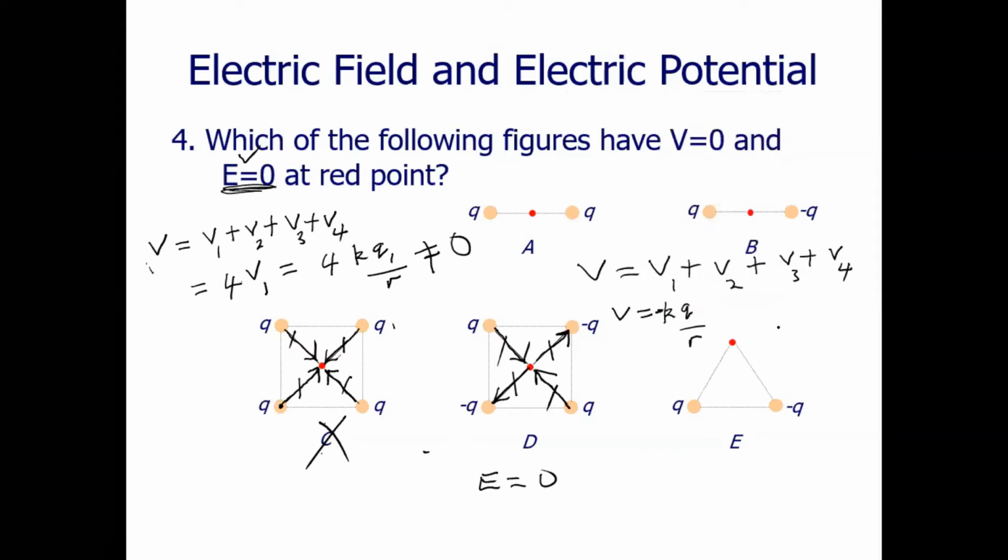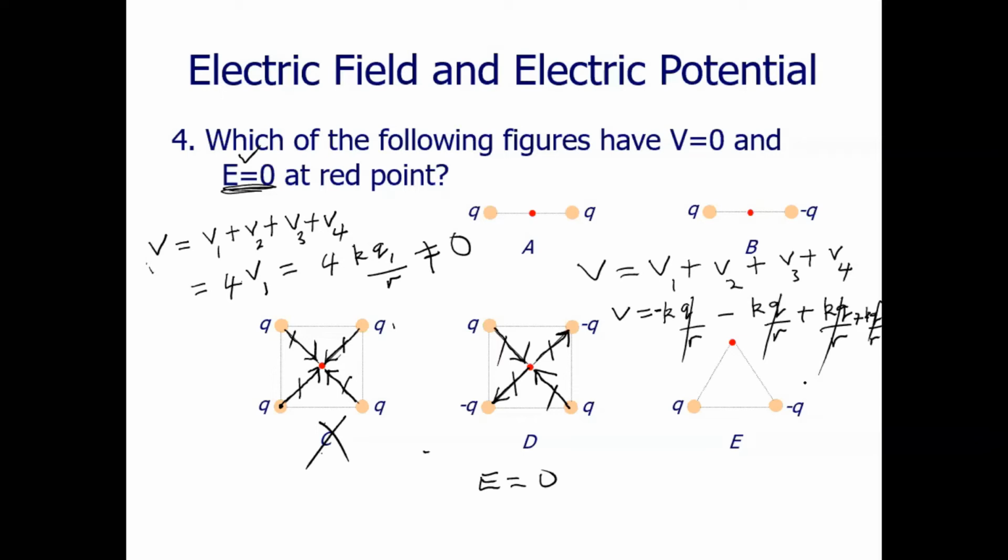And what about this one? This one is also negative, so I have negative K Q over R. This one is positive, so I have plus K Q over R. And this one is also positive, so I have plus K Q over R. So what you can see here is that this cancels with that, and this cancels with that.